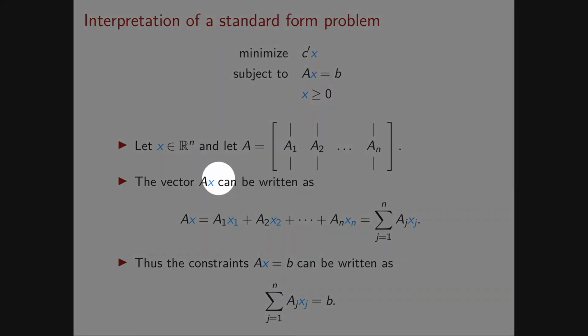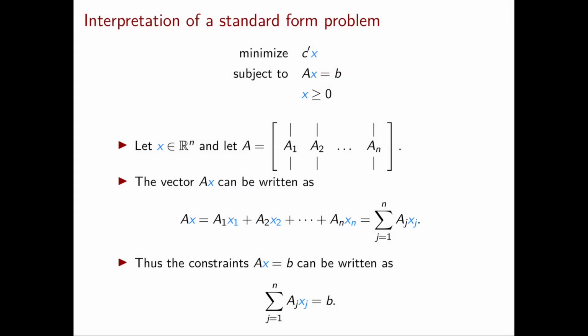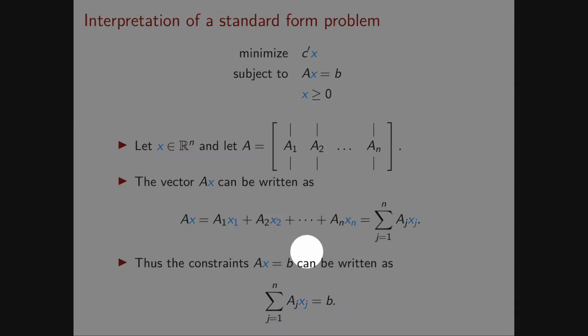Then, it is a fact of linear algebra that the product Ax can be simply written as A1x1 plus A2x2 plus Anxn. Therefore, we can write it as the sum from j equal to 1 until n of Aj xj. This then allows us to write the constraint Ax equal to b as the sum for j equal to 1 to n of Aj xj equal to b.